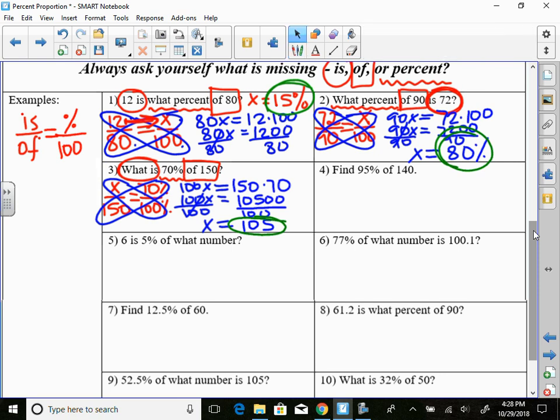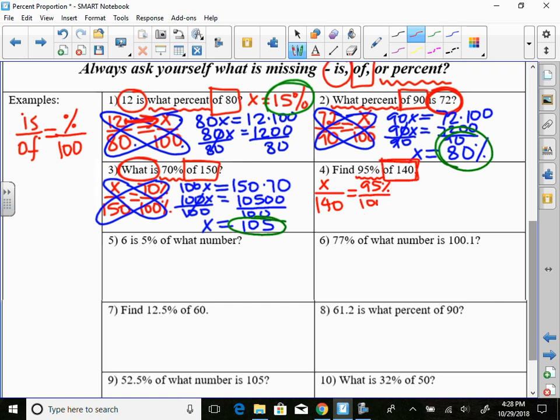Next one, we're going to find 95%. Again, we have a percent of 140. I'm going to box that. There's no "is" in the sentence, but now it's clearly "is" that is missing because everything else is given to us. So x over 140 equals 95% over 100%. Cross product.